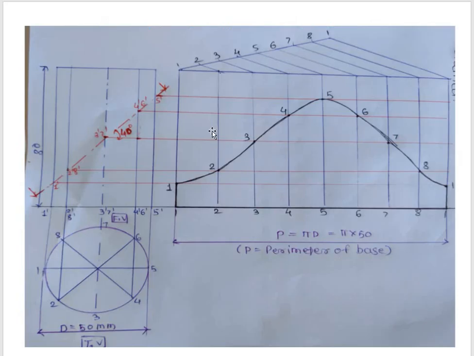That's why, as the axis is 80 mm, the midpoint is at 40 mm. At 40 mm you first draw one horizontal line, which is parallel to the xy line.